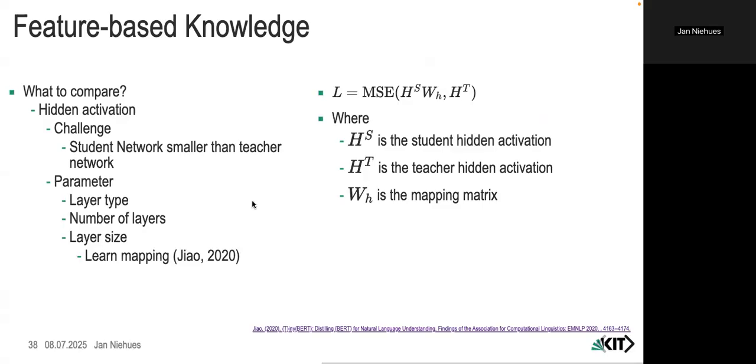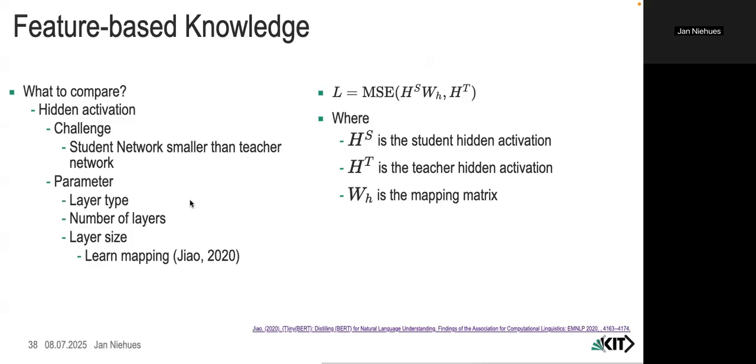So what has been suggested is that instead we learn a mapping function also, and then we try to minimize the difference with an optimal learned function. So you should first learn a mapping between the hidden states, and then you say with the best possible mapping between the two hidden sizes, how similar is it?